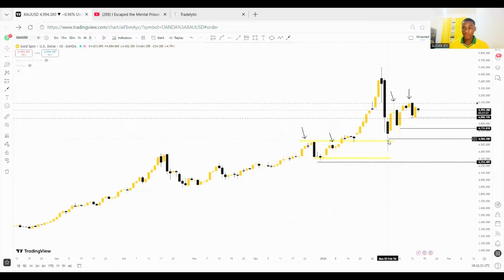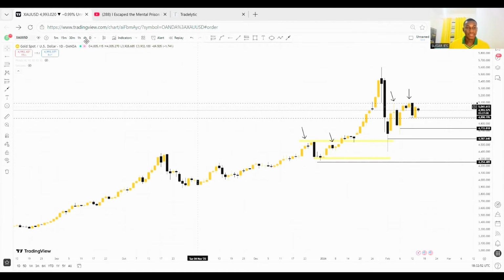The moment price comes back above this level, this is an entry level, right from this zone, and we're looking for price to come back all the way to this level right here, right? That is just price action. That is just market structure, nothing else. That's how price moves. That's how it's going to move, right?